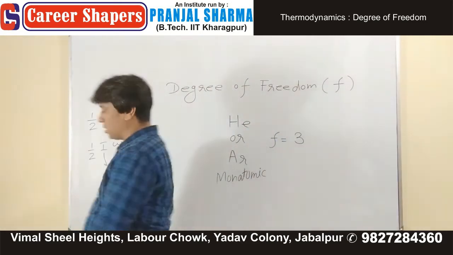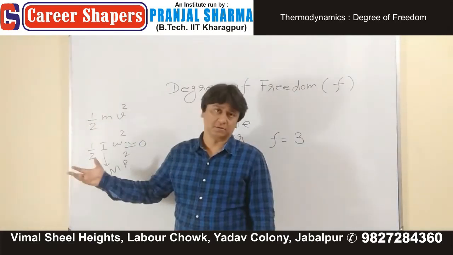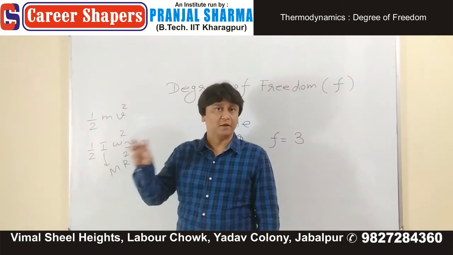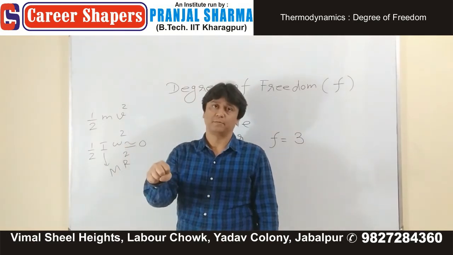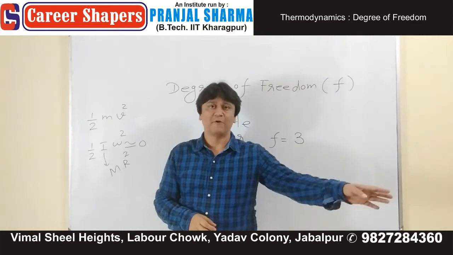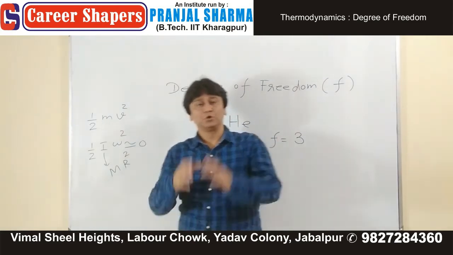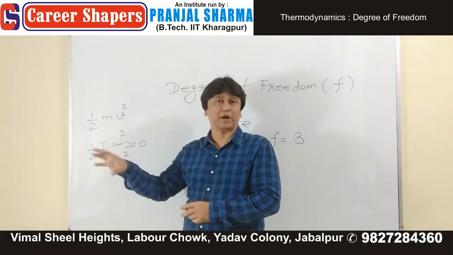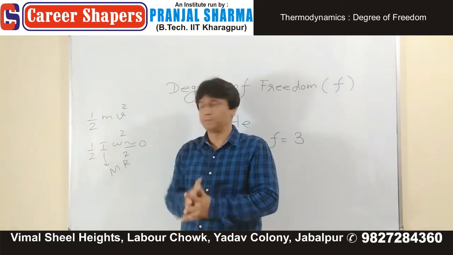So when you talk about the mass of that atom, it is mostly in the nucleus only. That electron cloud is very light as compared to the nucleus. So when you say M, you're basically talking about the nucleus part.